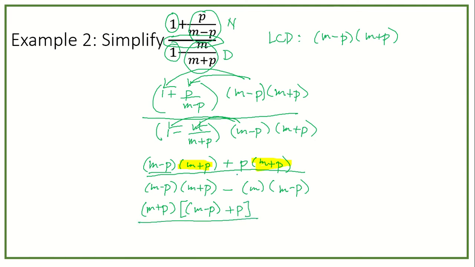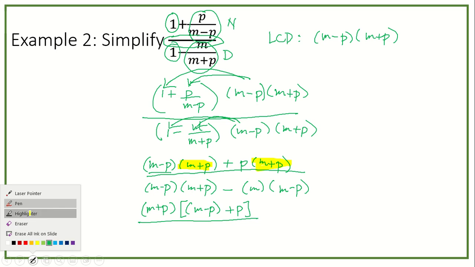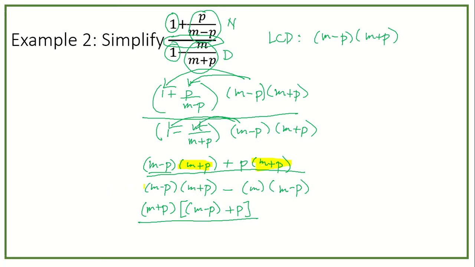How about sa denominator? Sa denominator, pareho din. So, may common factor sila. That's m minus p. So, that means you factor that out. That would be m plus p. And then here, that would be m plus p minus m.